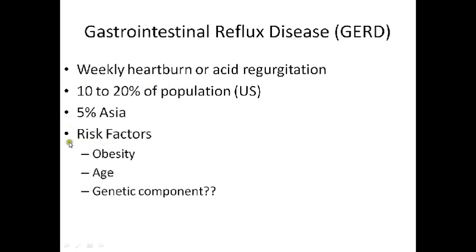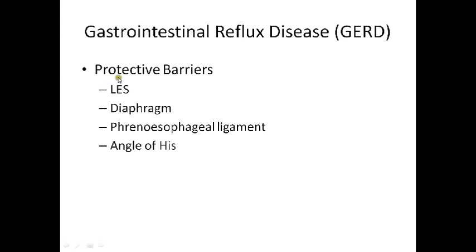Big one also is going to be obesity here, because the increase in fat material or fat accumulation into the stomach will change the vector of the stomach and cause relaxation of the lower esophageal sphincter. So GERD protective layers that maybe do not work with gastroesophageal reflux disease is the LES, which is not contracting where it's supposed to contract.